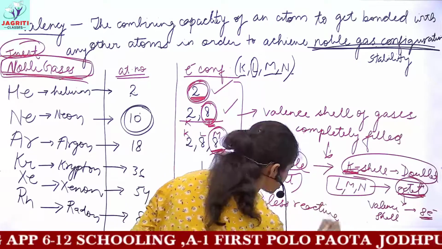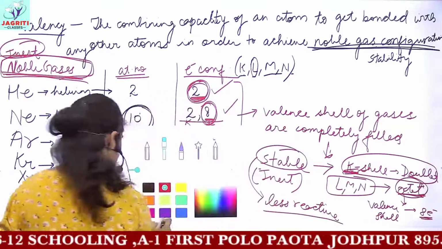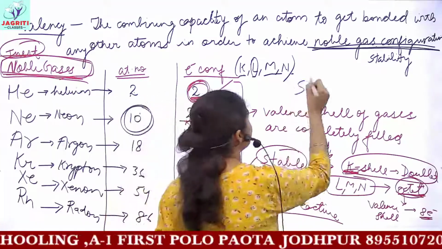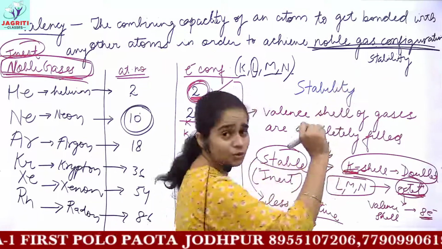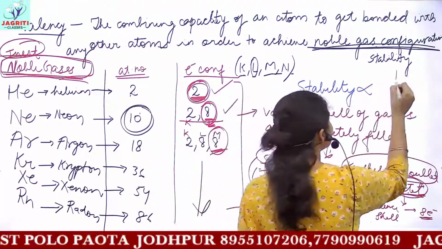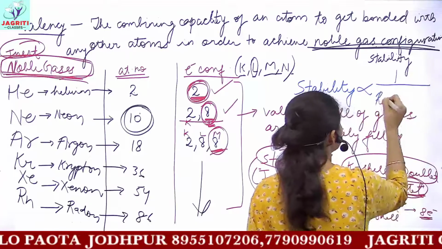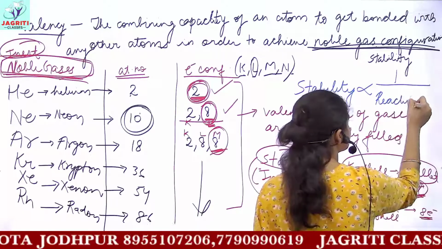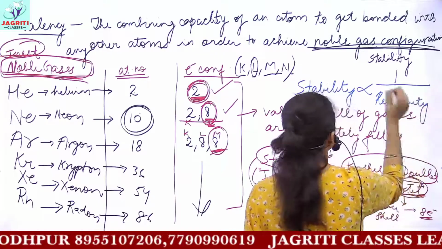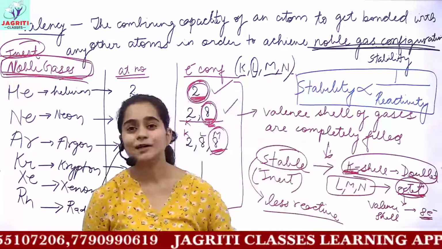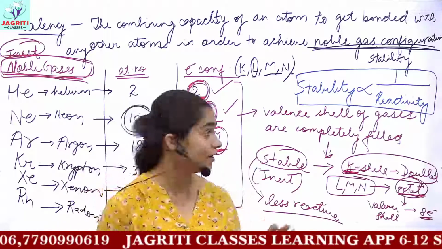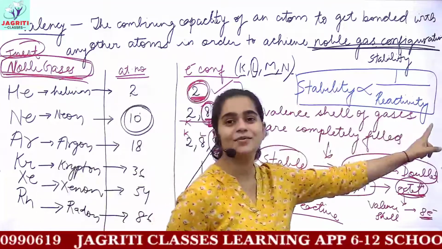Remember this concept always in chemistry. If you say something is stable, we can write a generalized rule that stability is inversely proportional to reactivity. Inversely proportional means if stability increases, reactivity decreases. Okay? The vice versa relation between stability and reactivity is found.